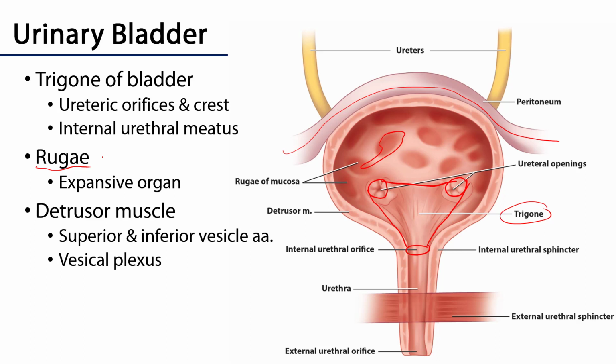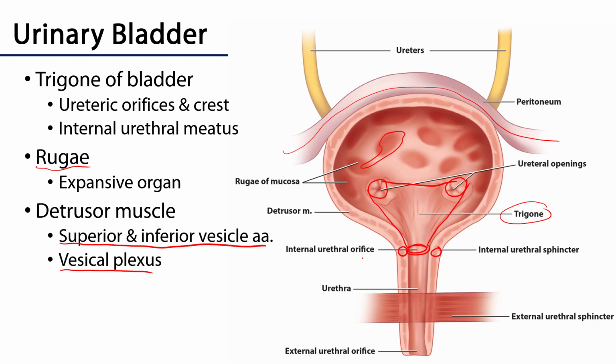That detrusor muscle is supplied by blood by both superior and inferior vesical arteries, and it is innervated by the vesical plexus, which is an autonomic plexus.